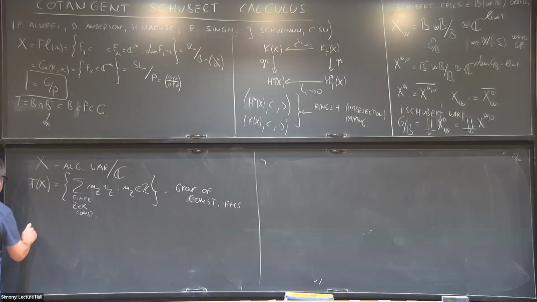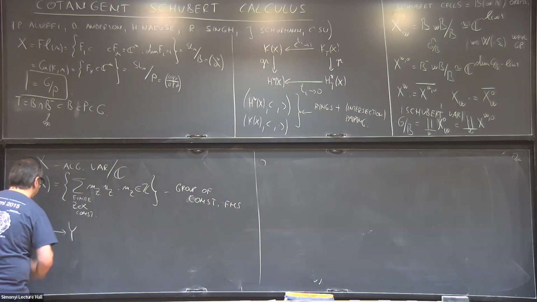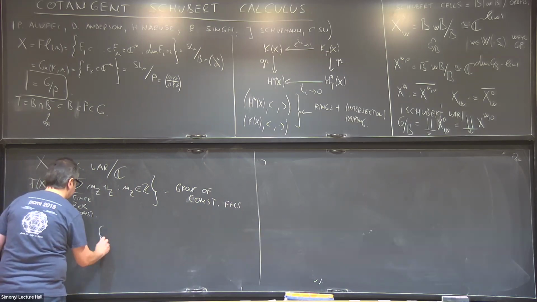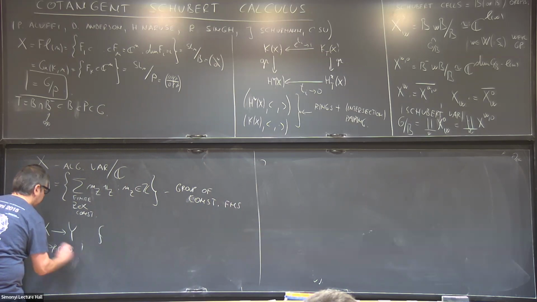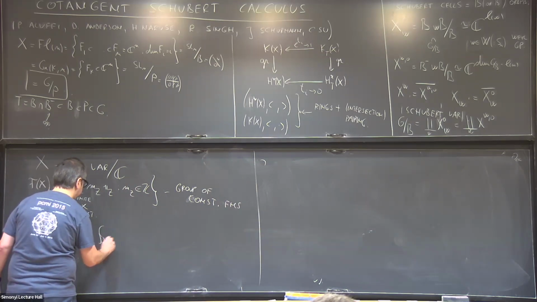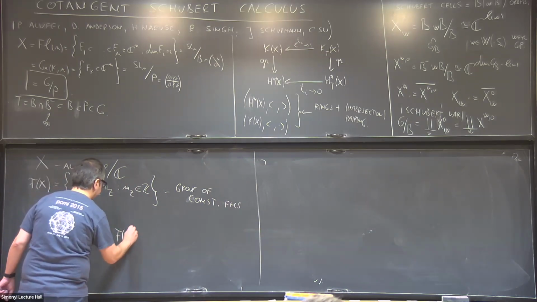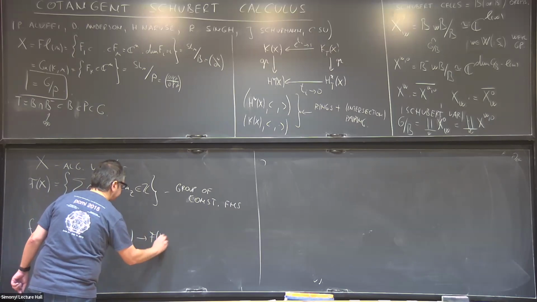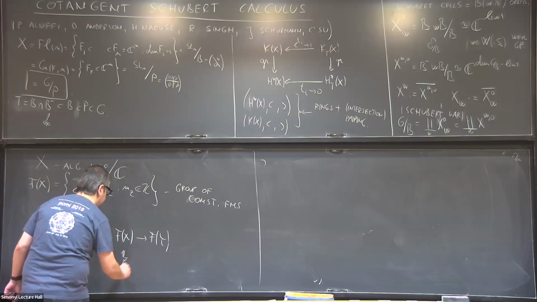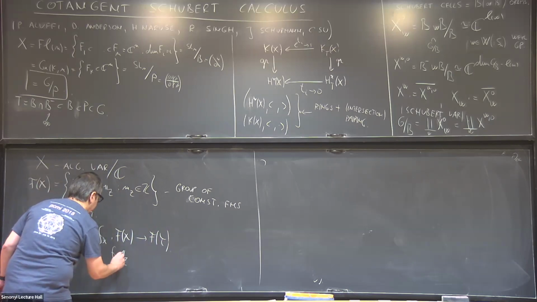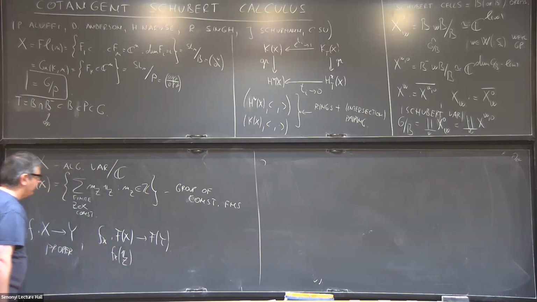There's a push forward here. If you have a proper map f from X to Y, then there is a push forward from F(X) to F(Y). It's enough to define this push forward on indicator functions, so f lower star of 1_Z.